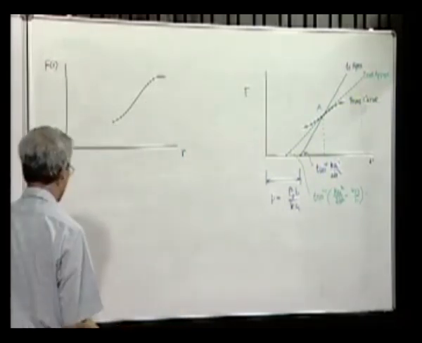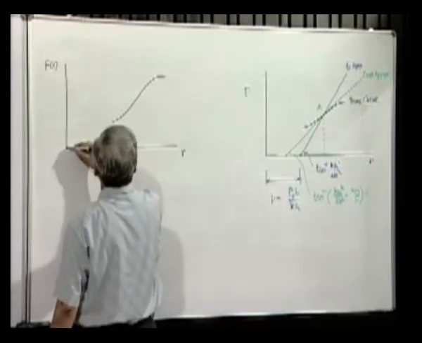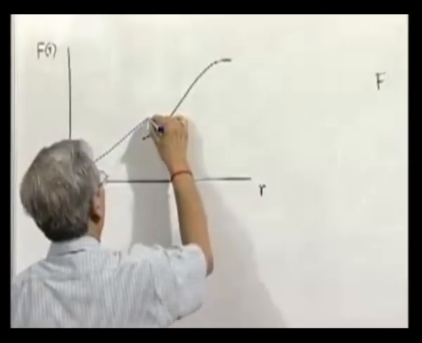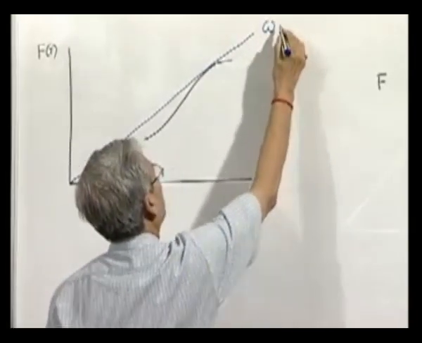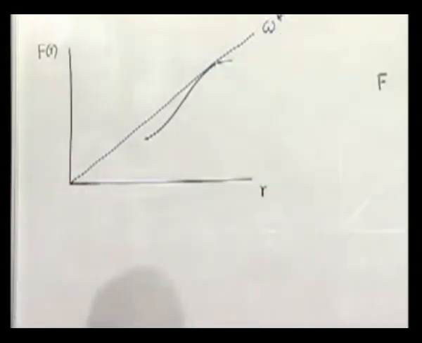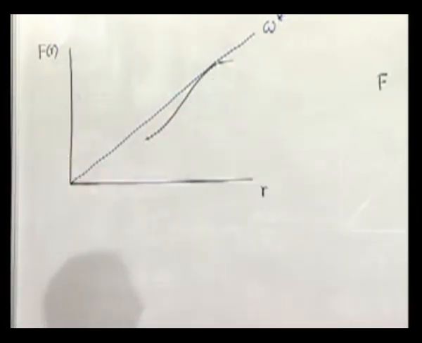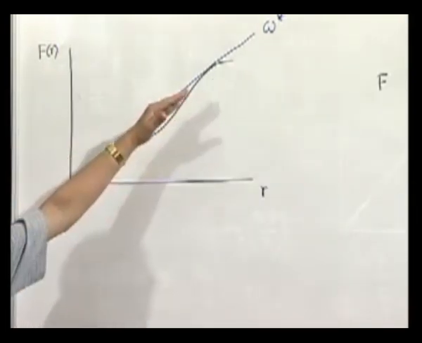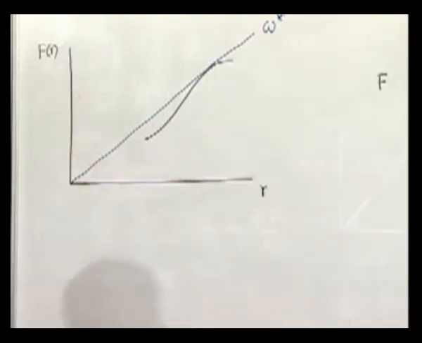Then if we draw a tangent to this FR curve, what does this indicate? This indicates a particular speed. That means this is nothing but the deflection or deflecting force, which is the centrifugal force.